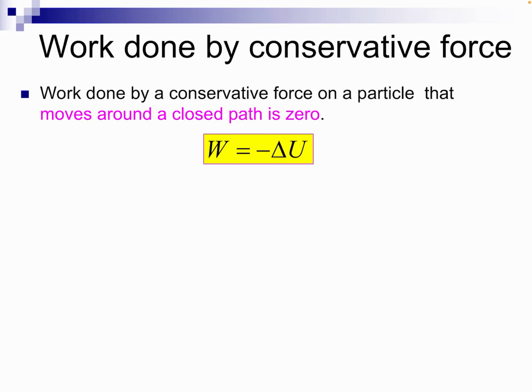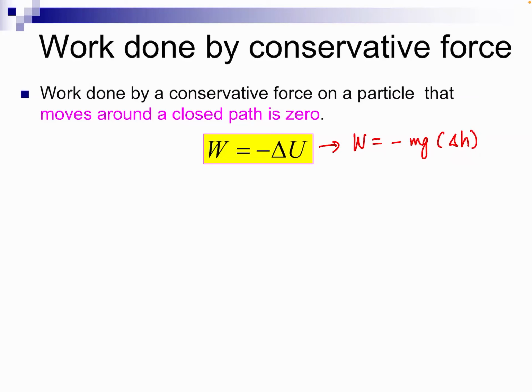But for a conservative force, the work done in moving around a closed path should be zero. We can analyze this using this definition, right? If we expand this in terms of gravitational potential energy, for example, then work will be equal to mg times delta h, meaning the change in potential energy is due to the change in height.